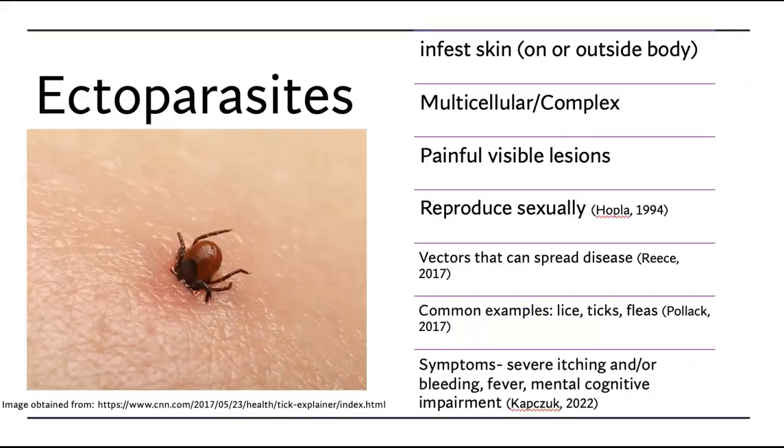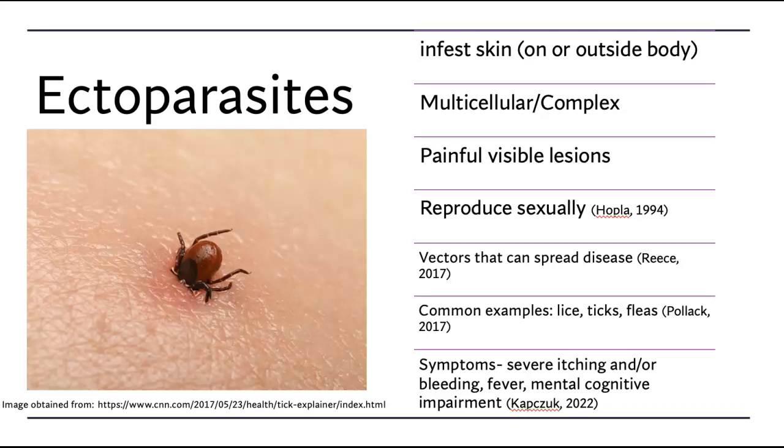Now, for the final of the 3 main groups of parasites, we will discuss ectoparasites. Pictured here, I have a tick burying itself into someone's skin, which is a little disturbing. Ectoparasites, like I just mentioned, infest the skin, on the inside or the outside.